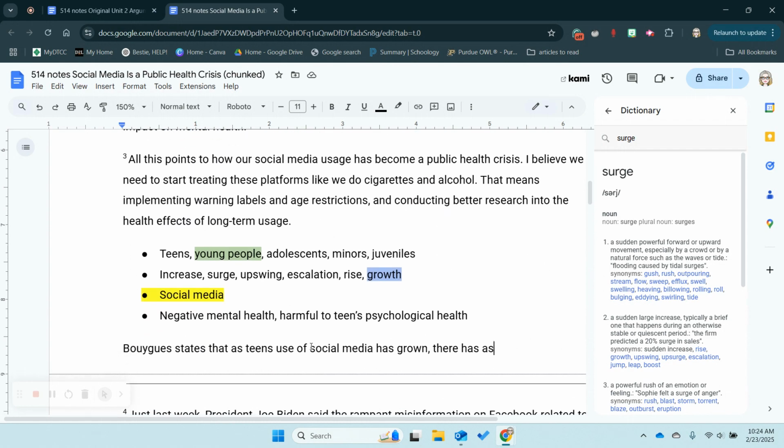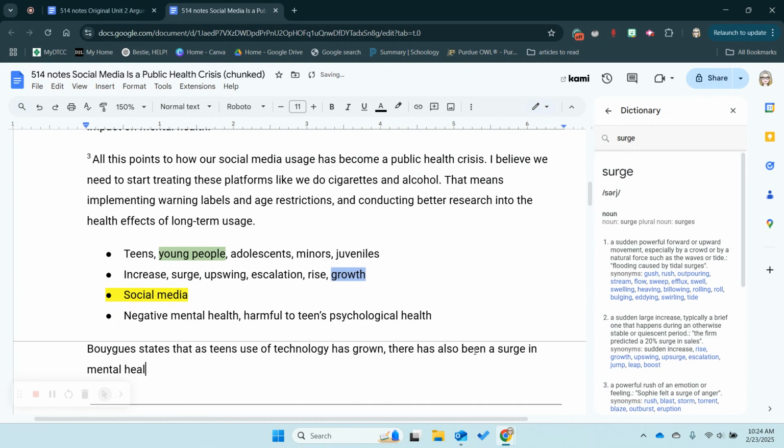Use of, here, maybe we could say technology has grown. There has also been a surge in mental health issues among these users. Okay. I need an apostrophe in here. Yep. Okay.